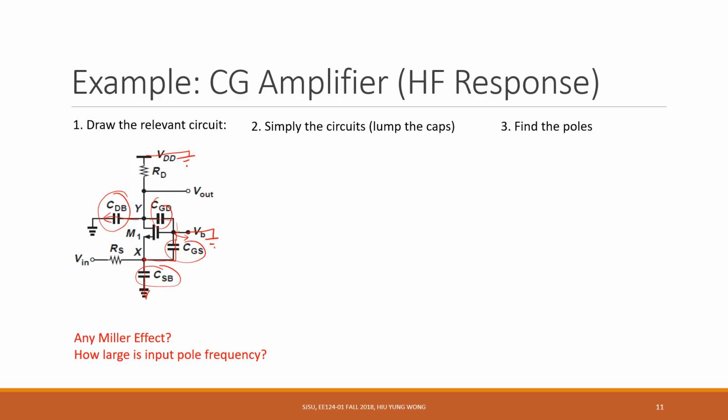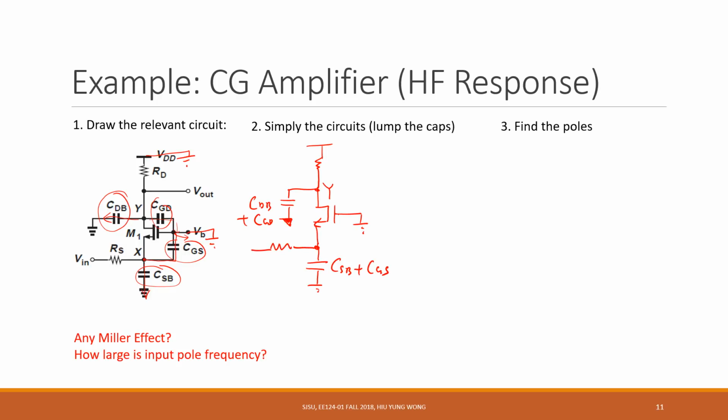So I can just combine them together, right? So this one becomes a big capacitor with CDB plus CGD, and this is Y. Then I have X, also with a big capacitor CSB plus CGS.